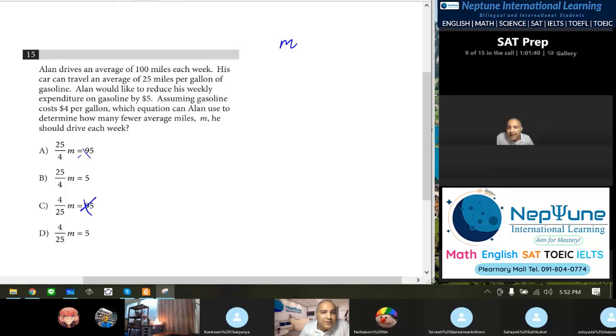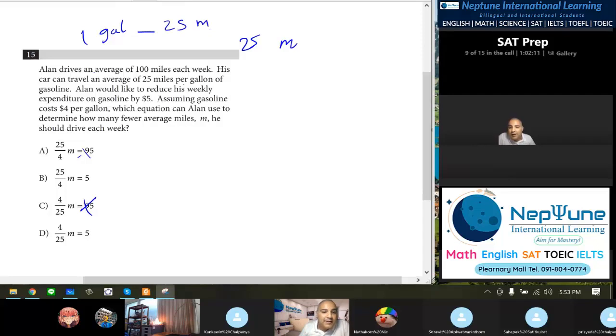So it's either 25 per gallon. So 1 gallon, 25 miles. 1 gallon, he can go 25 miles. And then 1 gallon costs $4.